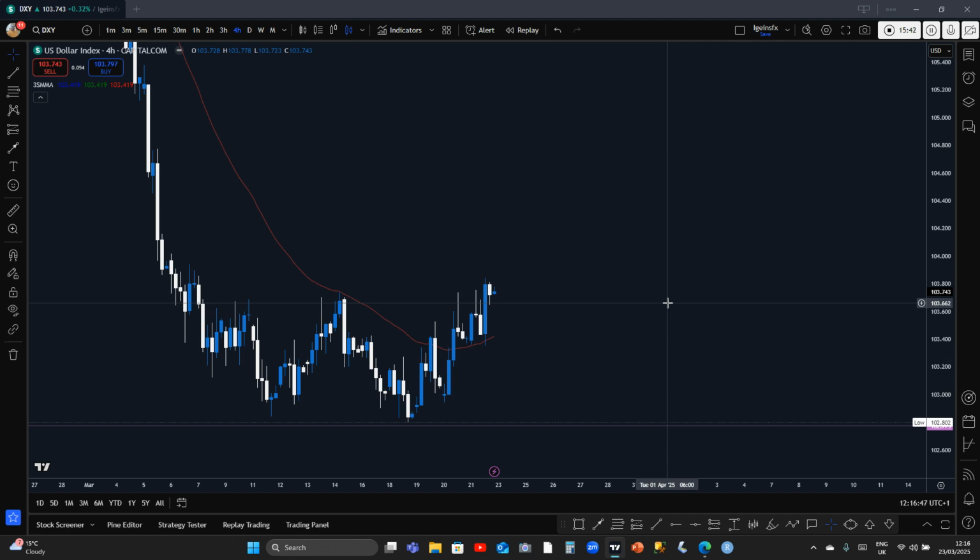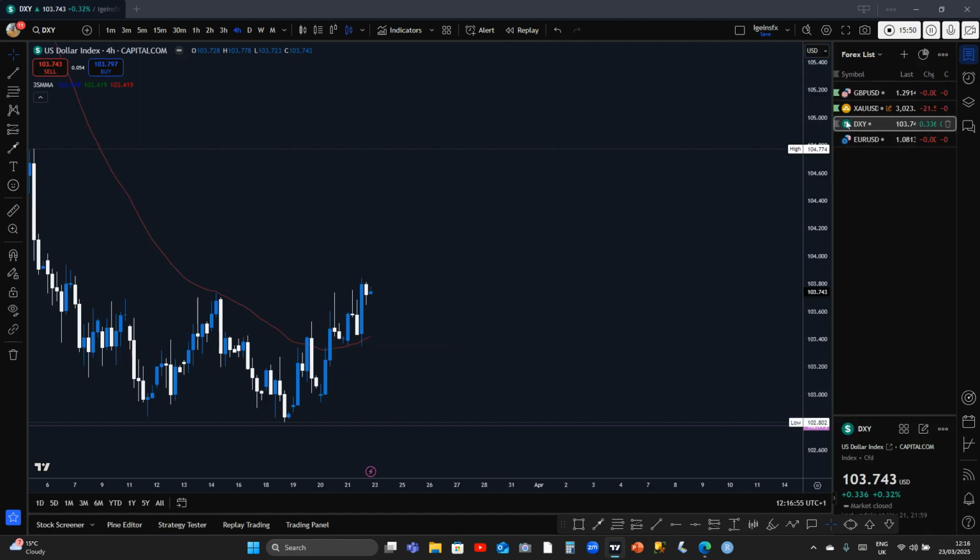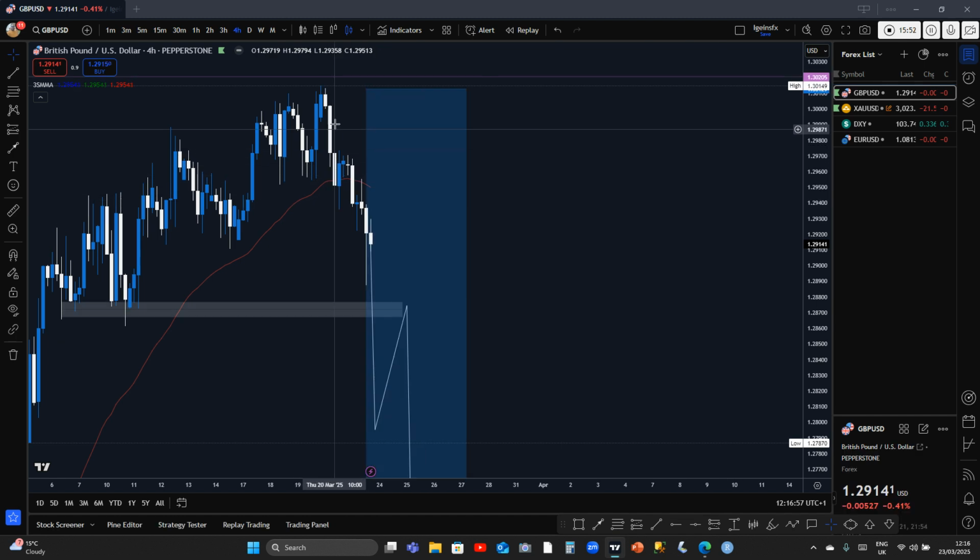For example, now that the DSY has resumed a bullish trend, GU will be experiencing a bearish trend because the USD is the quote currency. All right.